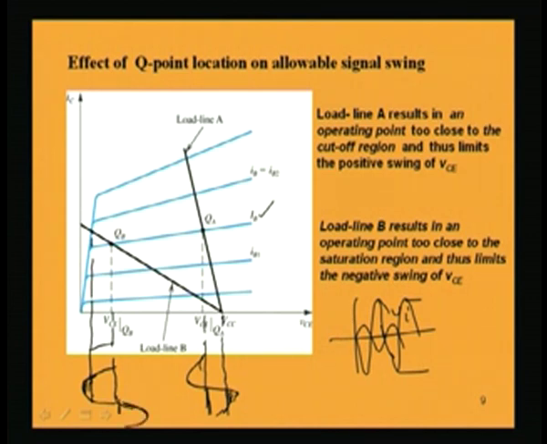So, this region will be cut off, but of course, the upper portion does not have any problem. It will have the undistorted swing in the positive portion, but the negative portion has a clipped off representation, and that is not desired. We cannot accept amplification having distortion.